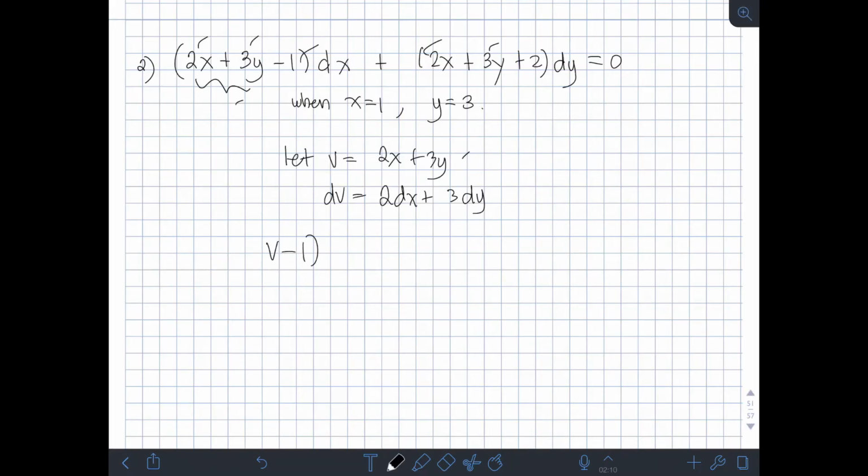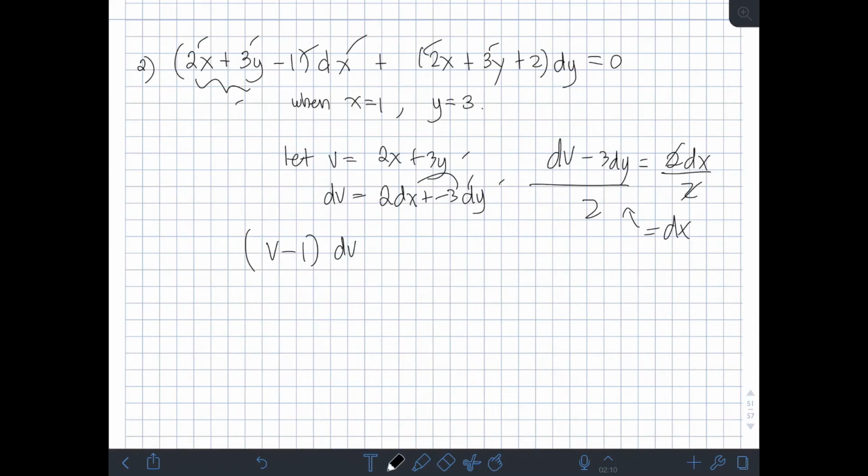Then, minus 1, let's say si dx, isolve natin ngayon dito sa ating derivative. So, we have dV. Transpose ko dito si 3dy sa left, magiging dV minus 3dy equals 2dx. Then, divide both sides by 2. We have dx is equal to dV minus 3dy over 2.